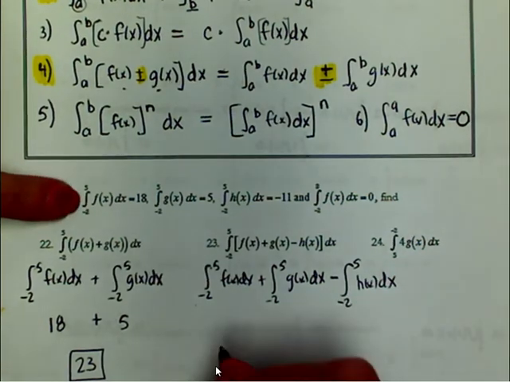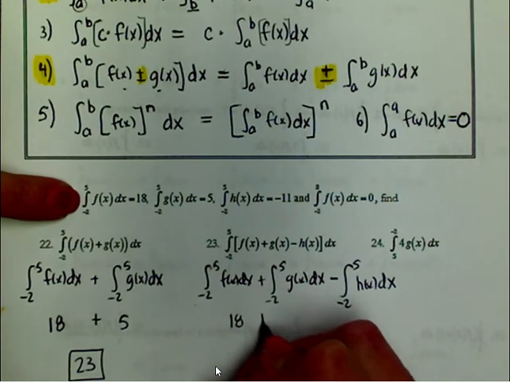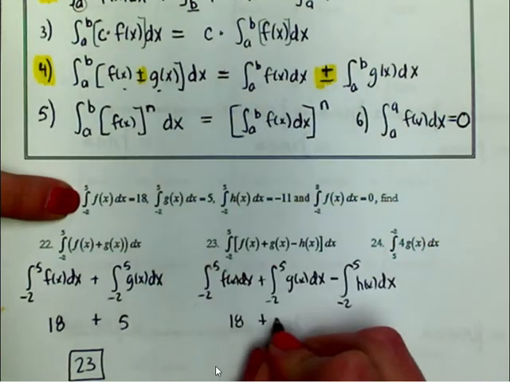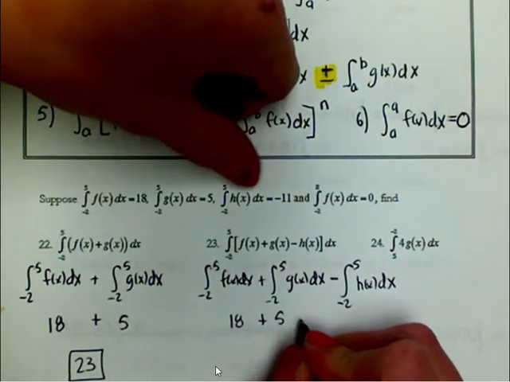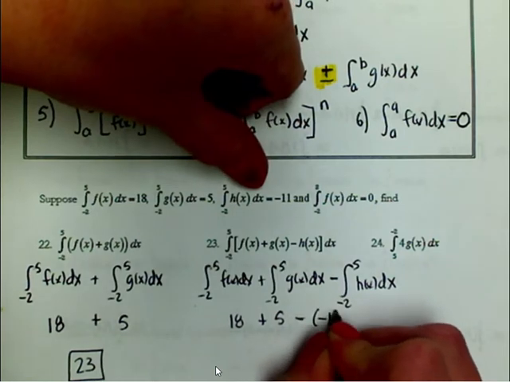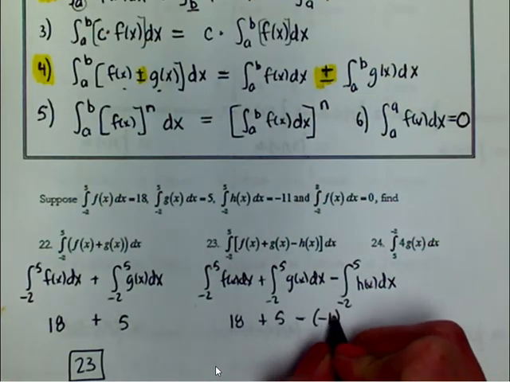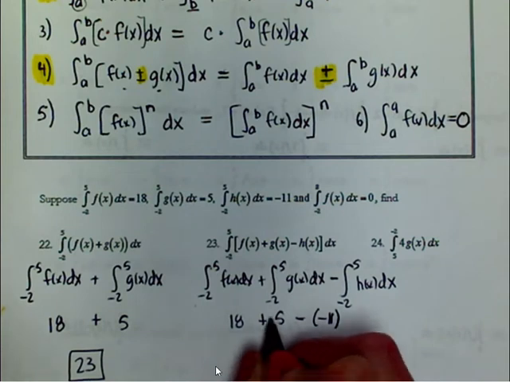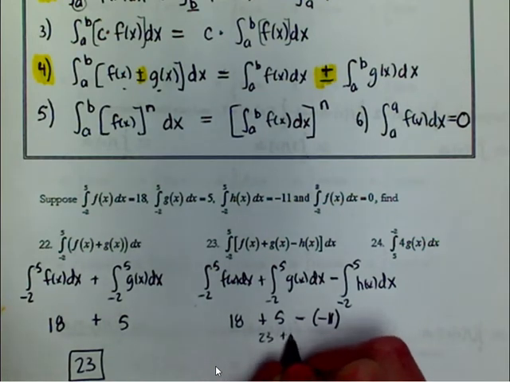And we look, so that's 18 plus 5 minus 11. 23 plus 11, so 34.